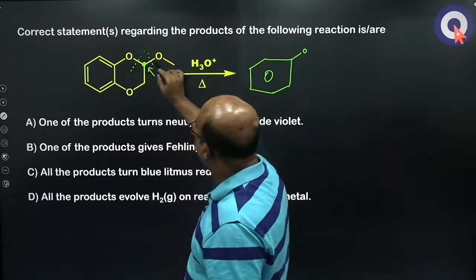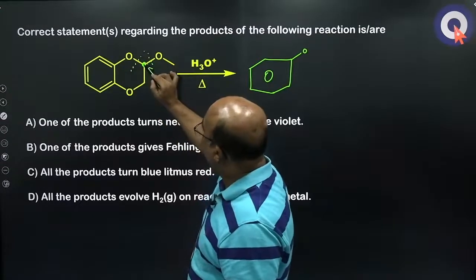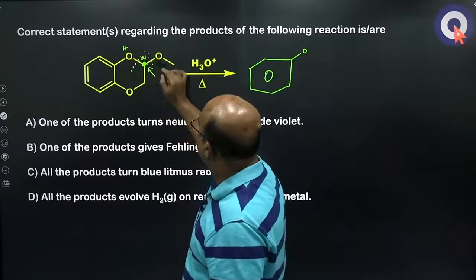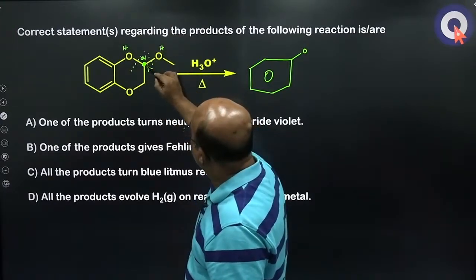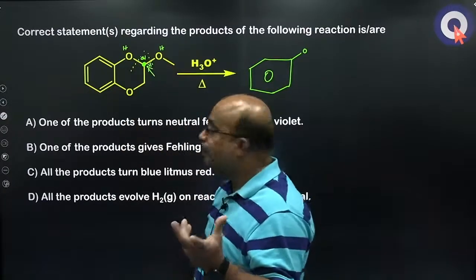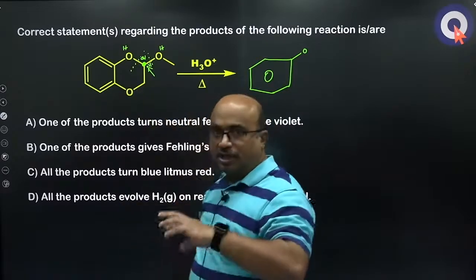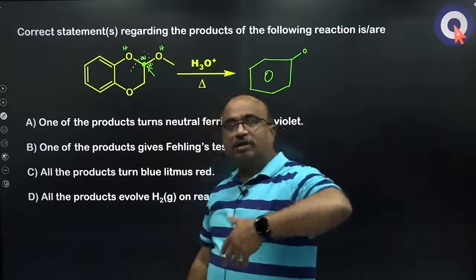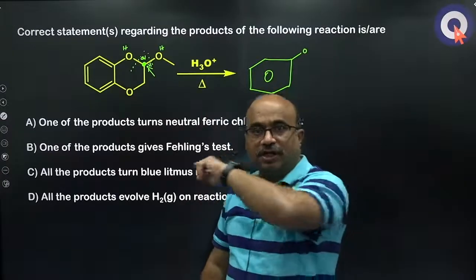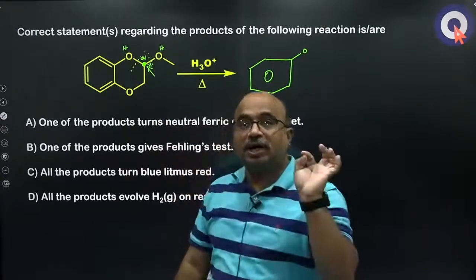So this part is converted into alcohol, this part is converted into alcohol, and this part will convert into keto form. Here you are getting H and OH, here also H and OH. Next, this carbon-oxygen bond you can't cleave. In ethers, the oxygen and phenyl carbon bond we can't cleave, because that oxygen lone pair is in conjugation, so that carbon-oxygen has double bond character.